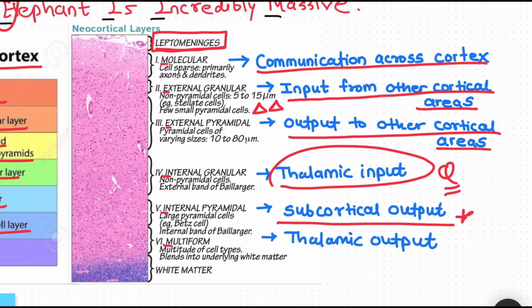And then sixth layer is multiform layer. Multiform cells, multitude of cell types, means the cells have different shapes. It blends into underlying white matter and it is responsible for thalamic output. So multiform layer is responsible for thalamic output, whereas internal granular cell layer is responsible for thalamic input.